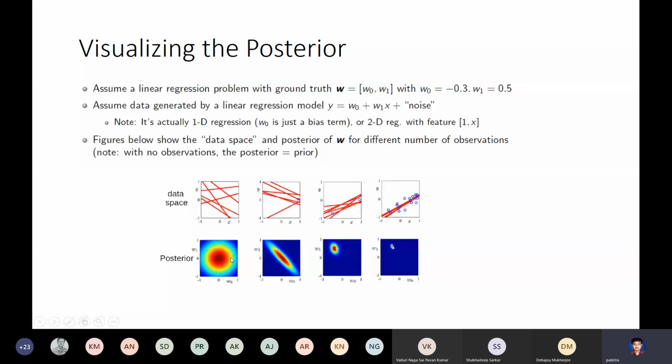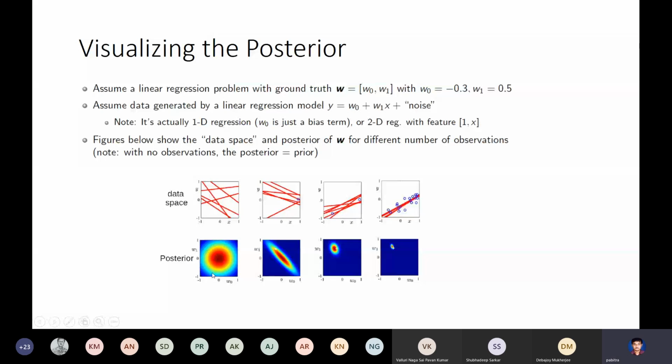Now let us look at a distribution in the parameter space. What does a distribution in the parameter space mean? It means that some values of the parameter are more likely, which is what we did in the posterior. We find a probability value for some combination W0 W1. Here we try to visualize it by this color.